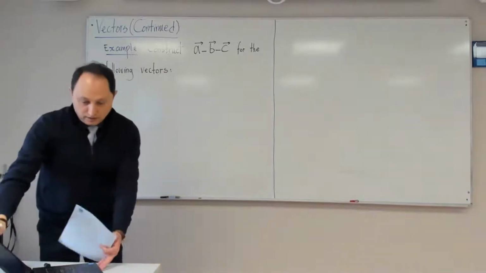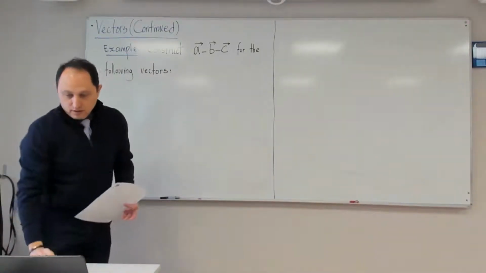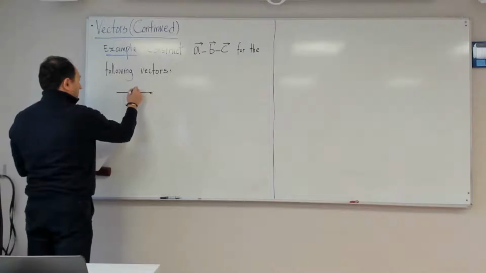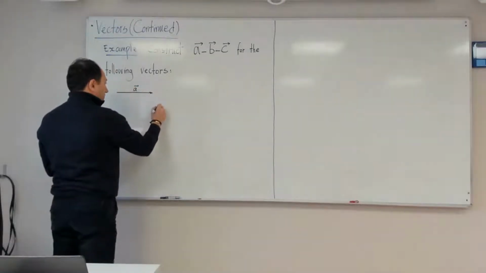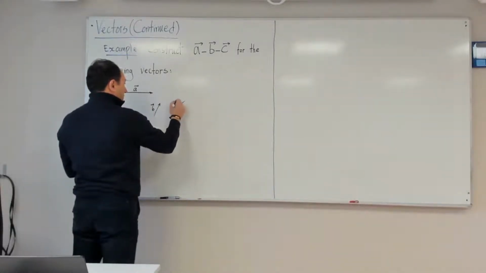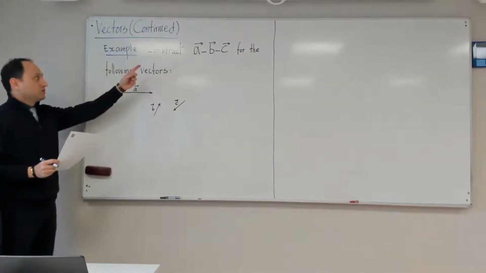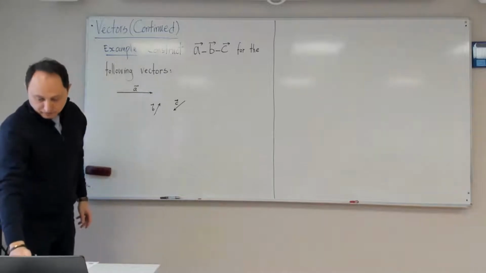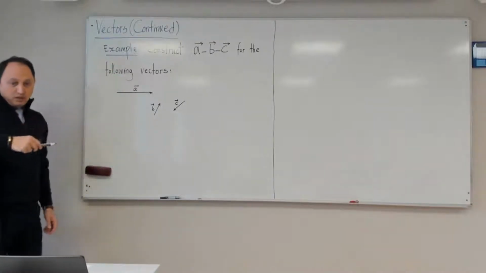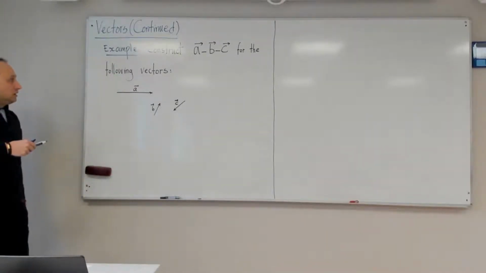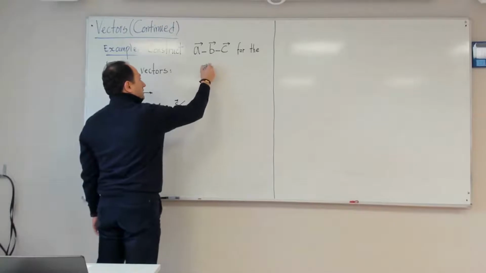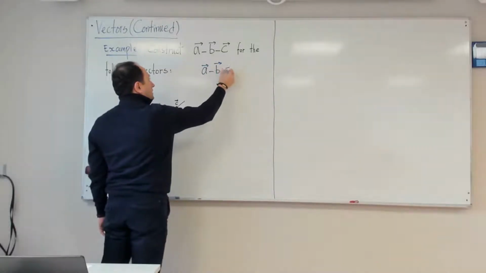Okay, good. So the vectors are these. Let me keep one of them horizontal, A, and for example, give you this vector B, and then let me draw another one here, C. Now I want you to construct A minus B minus C. Hopefully you remember that the subtraction of vectors was defined through the addition.